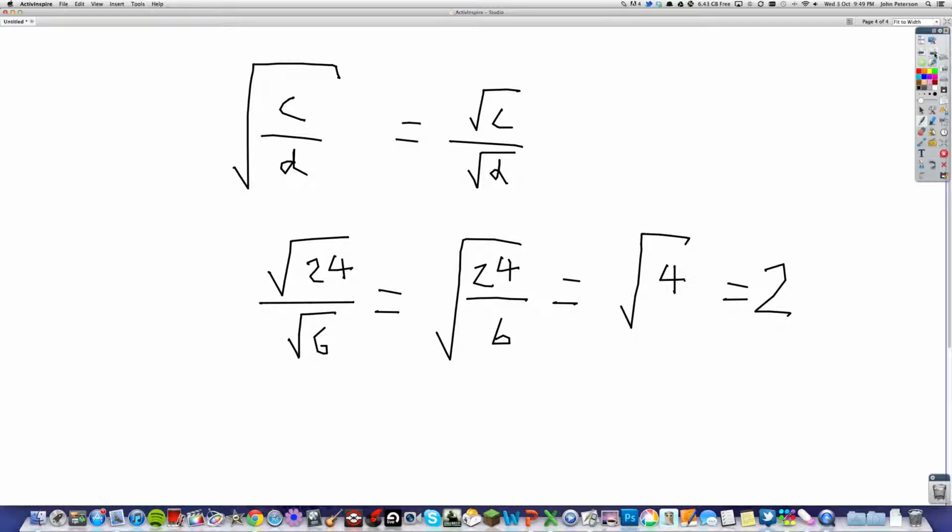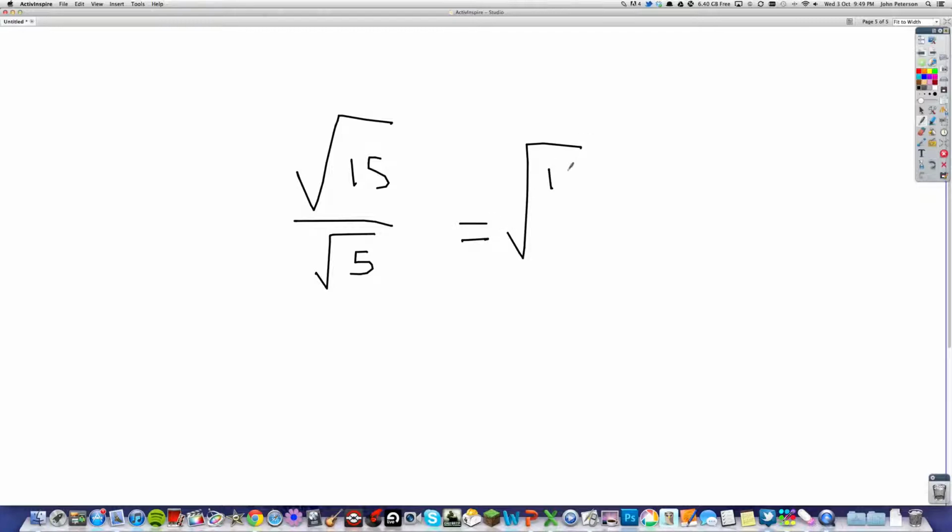Let's have a look at one more. If I have the square root of 15 over the square root of 5, my rule says I can make this into one square root, the square root of 15 over 5. 15 over 5 is 3, so root 3. That's a lot more simple than it was. So this is useful for us to simplify things down.